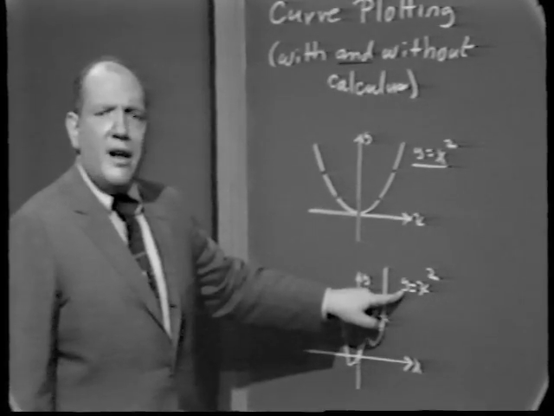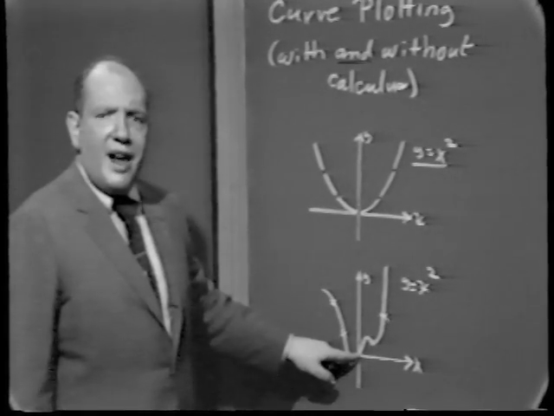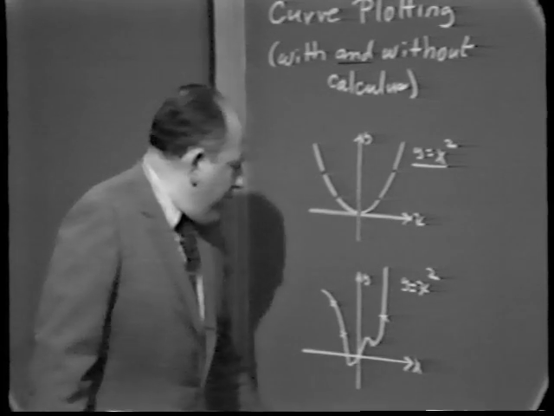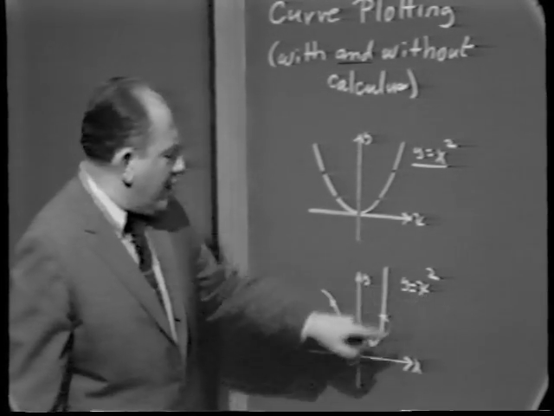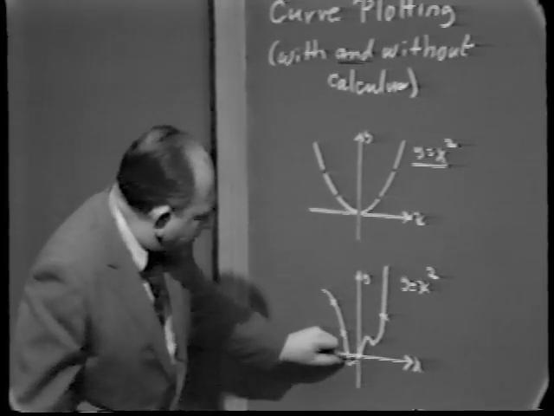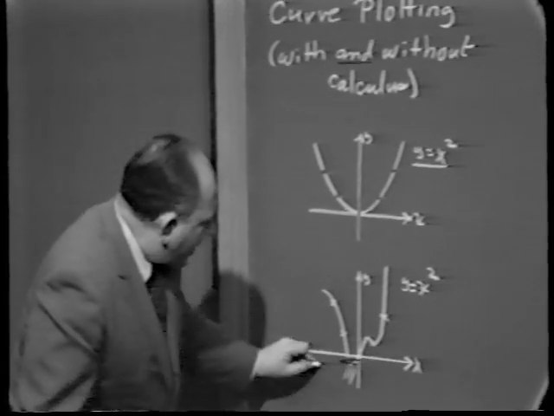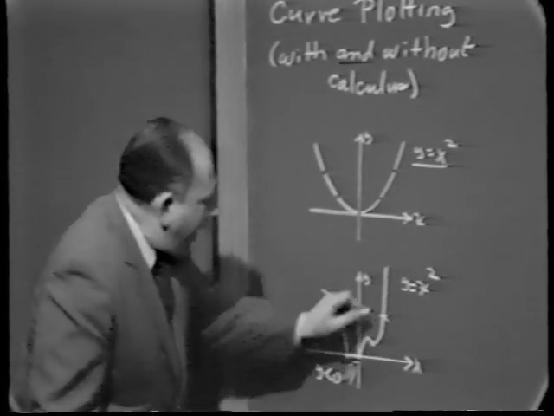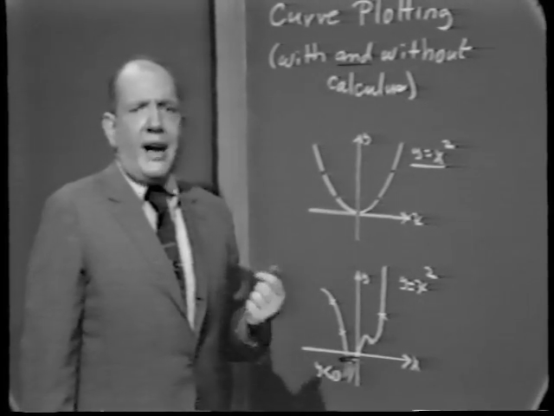And pictorially, this means that no portion of our diagram can be below the x-axis. In other words, without knowing anything about calculus, but knowing a little bit about arithmetic, we can supplement our knowledge of how the points go by saying, something like this can't happen because in this region over here, y would be negative, and we know from the relationship that y equals x squared that y cannot be negative.